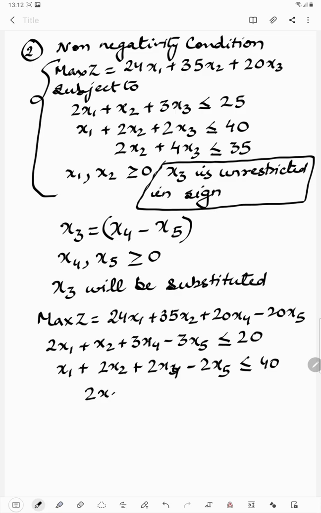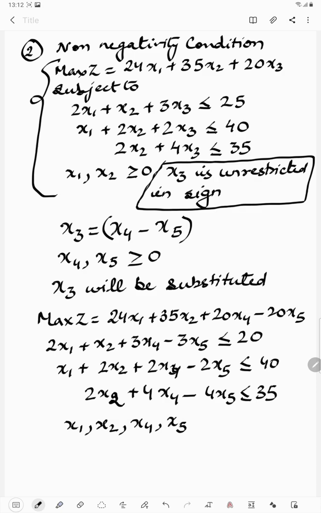And the last equation, 2x2 plus 4x4 minus 4x5 less than or equal to 35, and the non-negativity condition will become x1, x2, x4, x5 greater than or equal to 0. So these are two conditions which must be fulfilled before we proceed to solve the linear programming problem with the help of simplex method. Thank you.